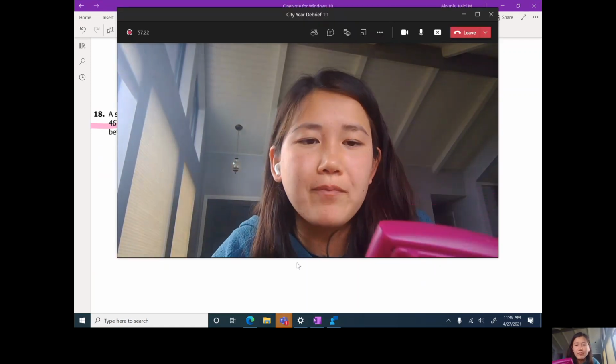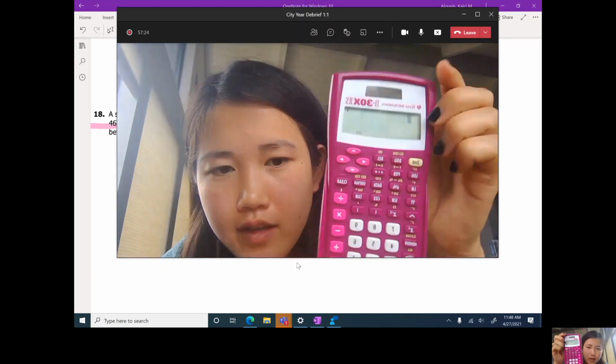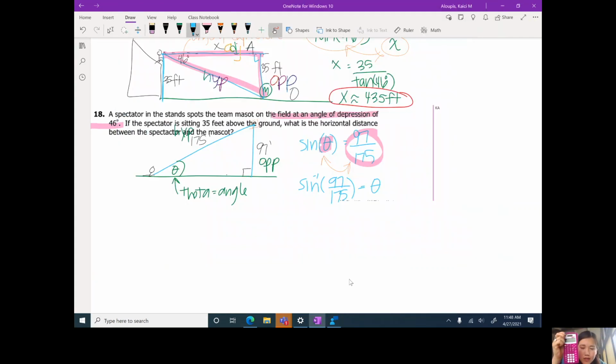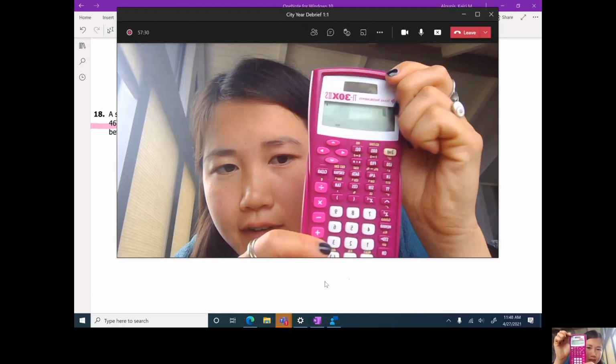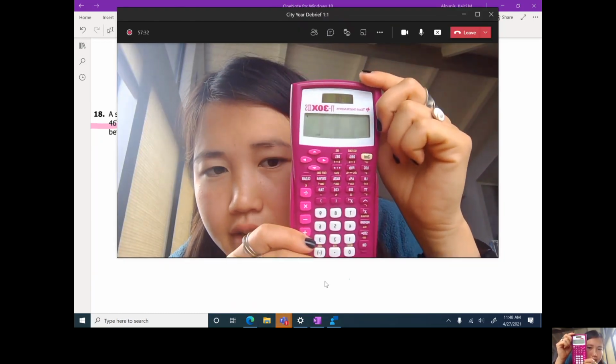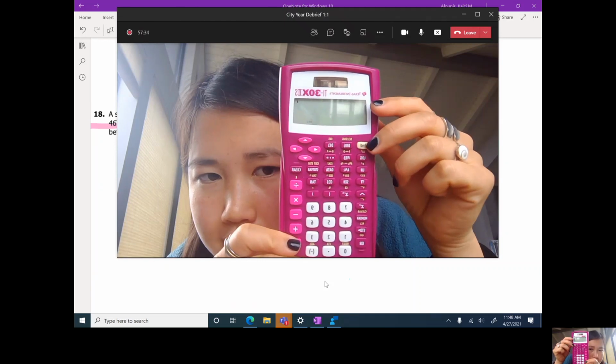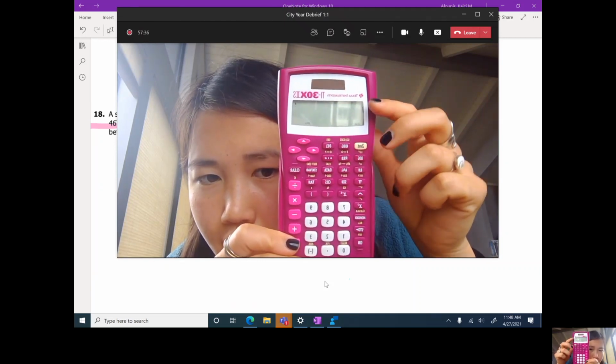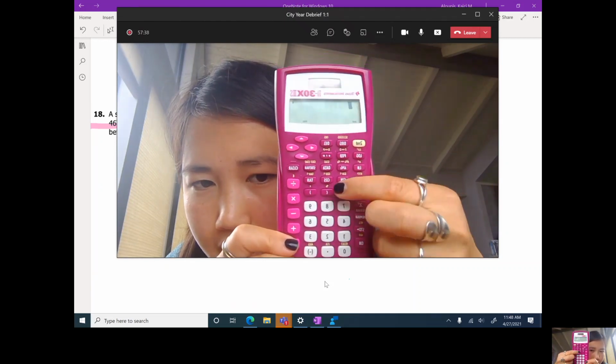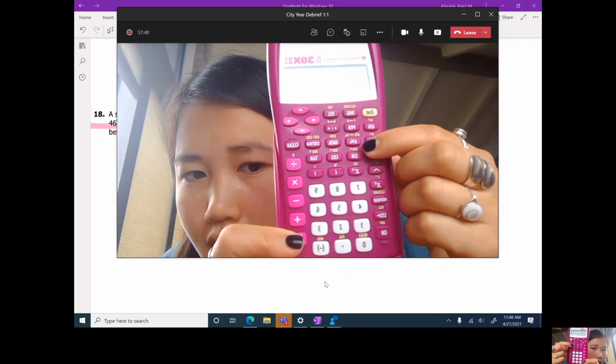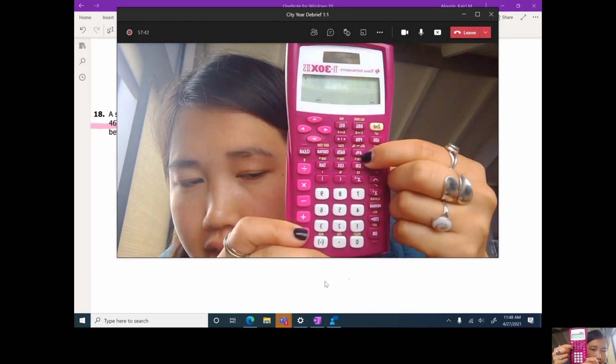Congratulations. Okay, so again, it's inverse sine of 97 over 175. To find the inverse sine on a graphing calculator or scientific calculator, press the second button up here. And then remember how there's the sine, the cosine, the tangent all along here? And then above there in my calculator, it's yellow.